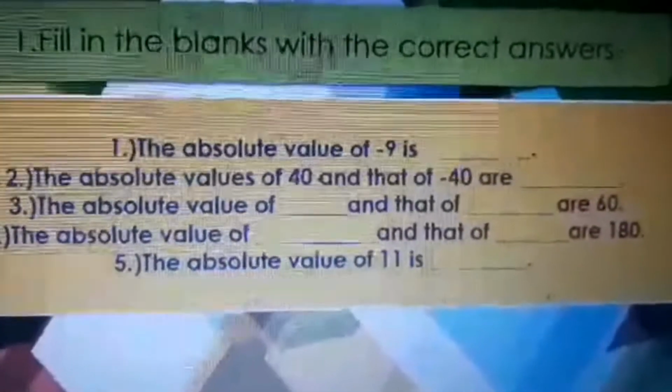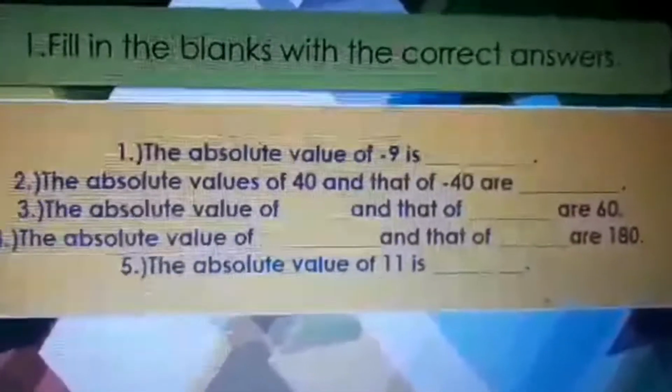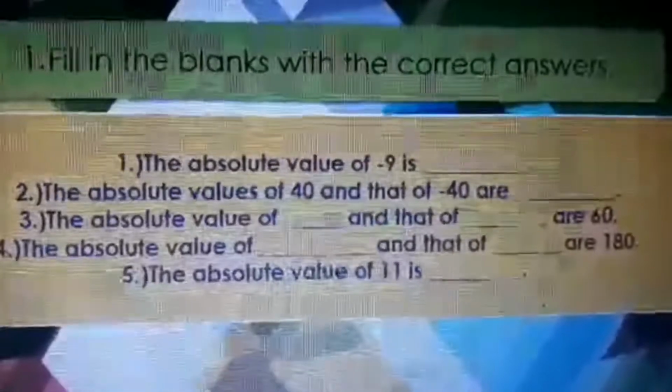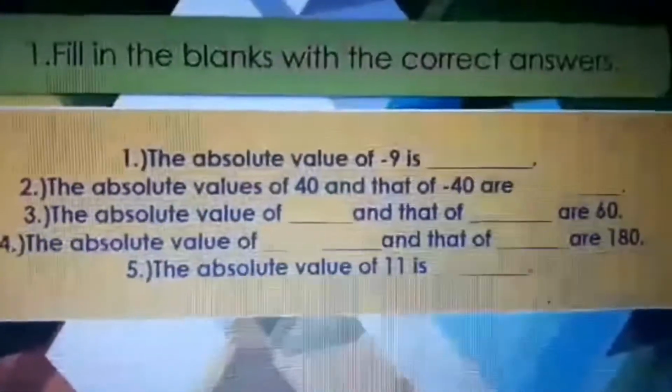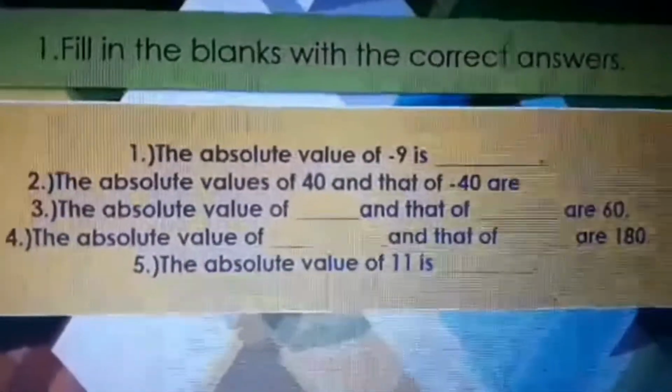The absolute value of negative 180 and that of 180 are 180. The absolute value of 11 is 11. Here are the answer key. Again, number 1, 9. Number 2, 40. Number 3, negative 60 and 60. Number 4, negative 180 and 180. Number 5, 11.